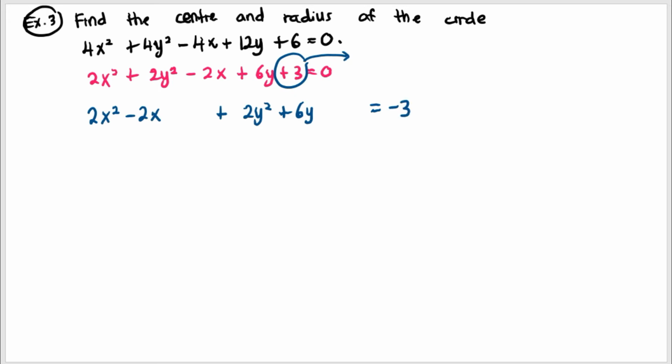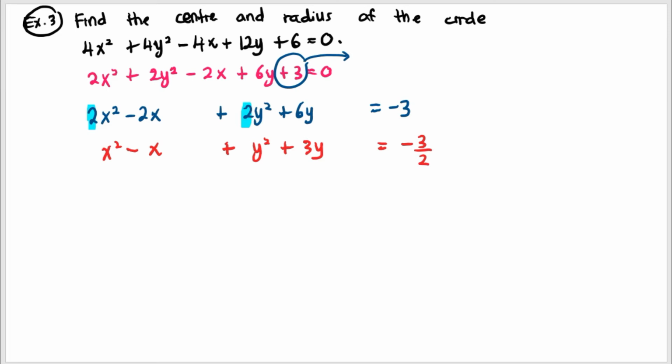Now I need to make the coefficient of x squared and y squared equal to 1, but now the coefficient is 2. So we divide everything by 2, and we get x squared minus x plus y squared plus 3y equals negative 3 over 2.